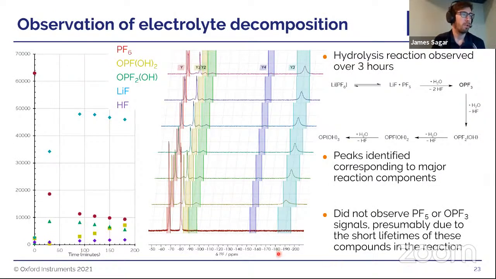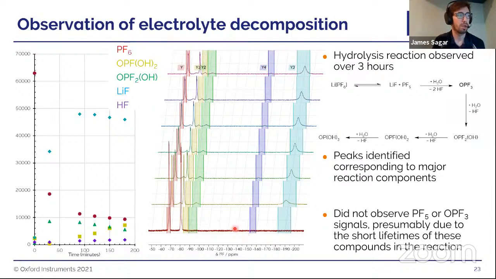And the results are quite obvious. We take the red integral of this signal and the yellow, green, purple, and blue. Red corresponds to PF6. The yellow and green correspond to these two phosphofluoric acids.